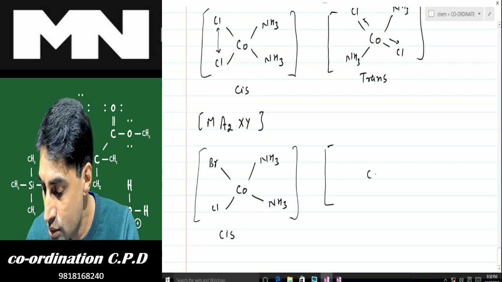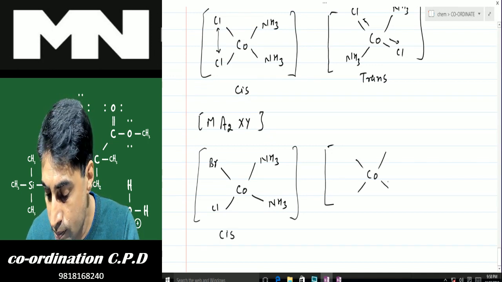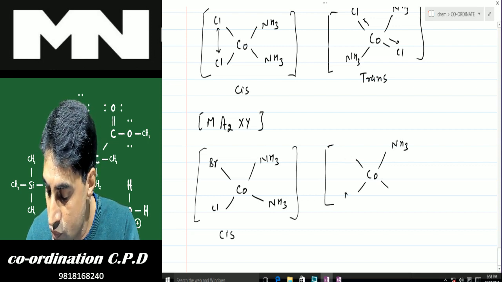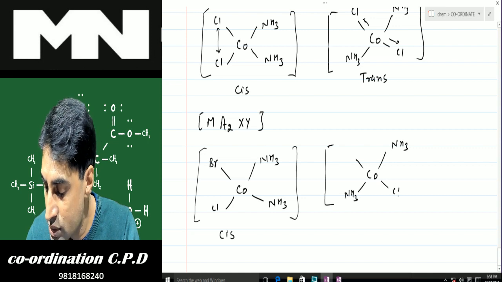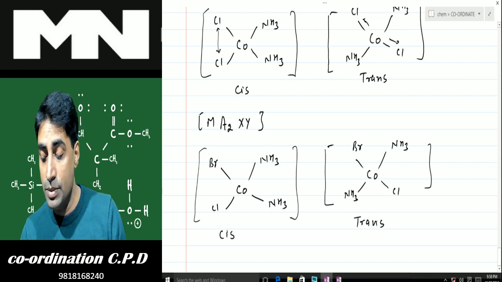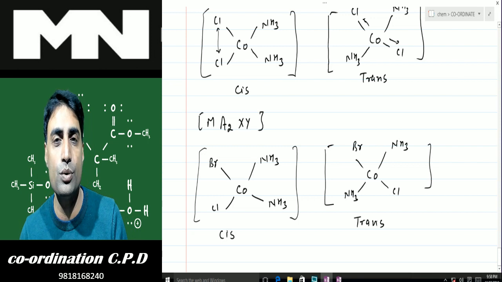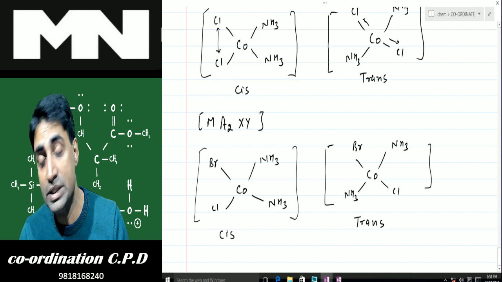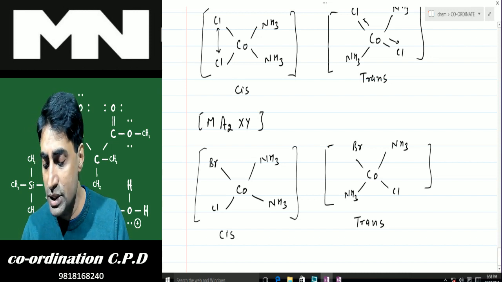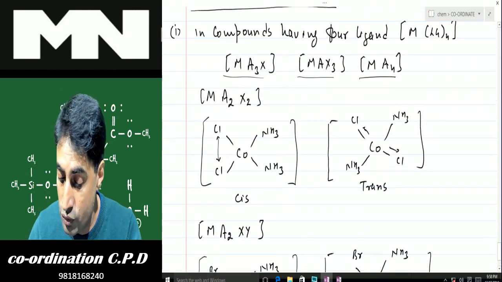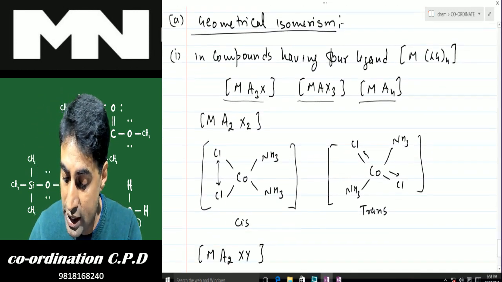Likewise, NH3, NH3, Cl, Br, this is trans. You'll not see the position of Cl and Br, you'll stick to the position of NH3. If they are on the same side, it is cis, and if they are on the opposite side, it is trans. So this is how you can see geometrical isomerism in compounds having 4 ligands.